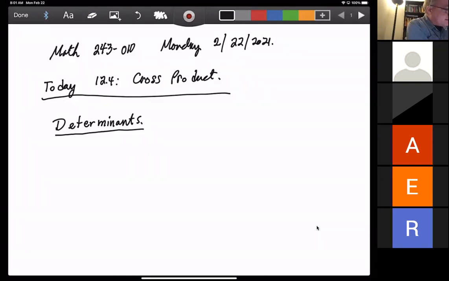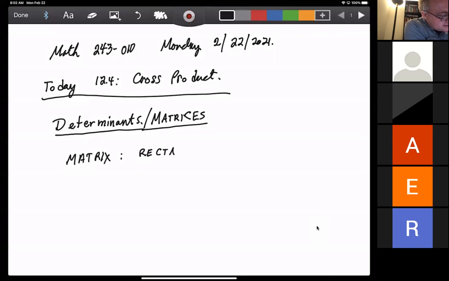So here's the basic idea. We're going to have to talk about matrices and determinants. So a matrix, singular of matrices, is just a rectangular array of numbers.